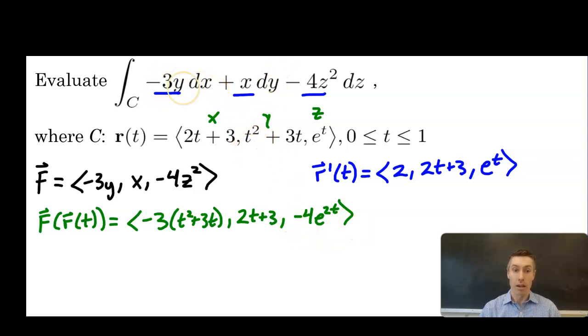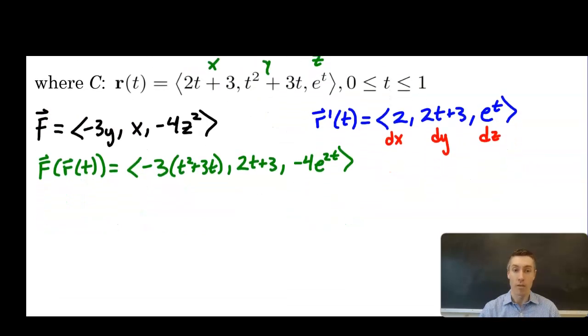Okay, so now if we're setting up our integral, we can do F dot r prime, but if we stick with this here, this is really dx, this is dy, this is dz. Each term would have a dt component with it as well.